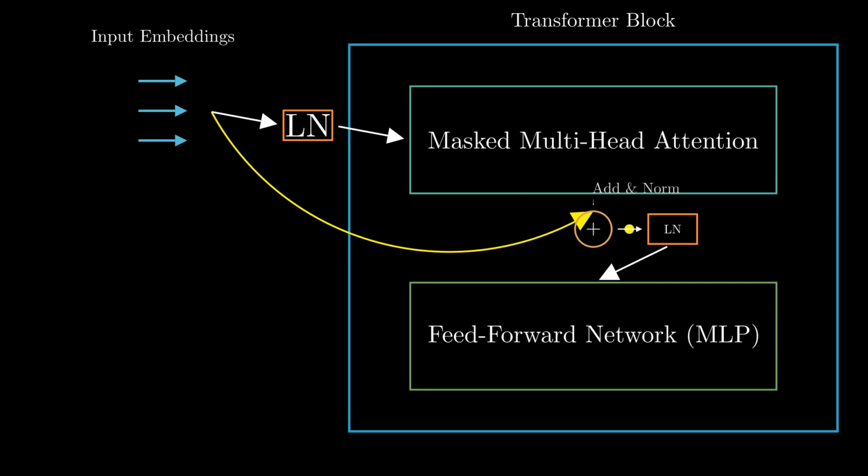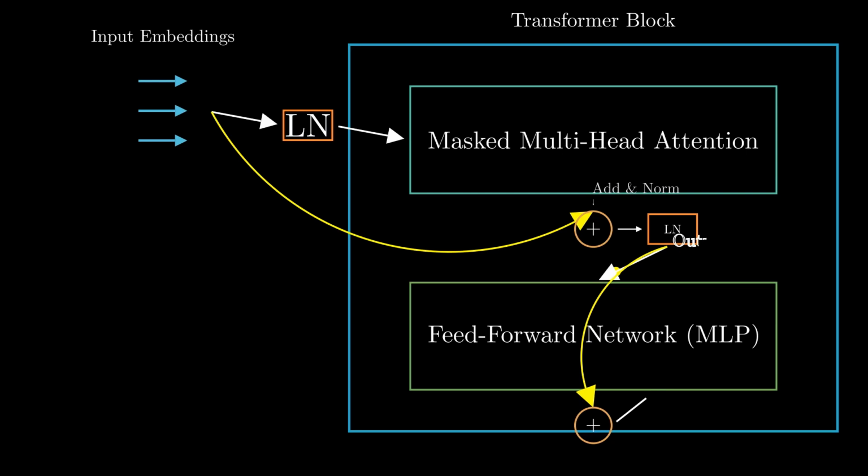Now, this fully contextualized and renormalized vector flows into the feed-forward network for the next stage of processing. And what do you think happens after the MLP is done? Exactly the same pattern. The output of the MLP is combined with a residual connection that bypassed it. They are added together, and though we don't draw the final LN block here for simplicity, you can imagine it's there. It's add and norm all over again.